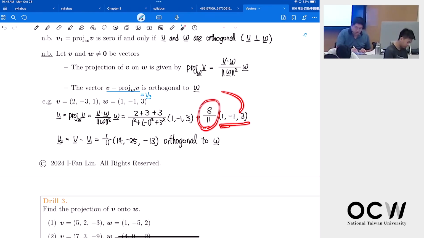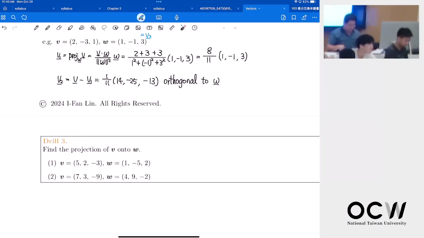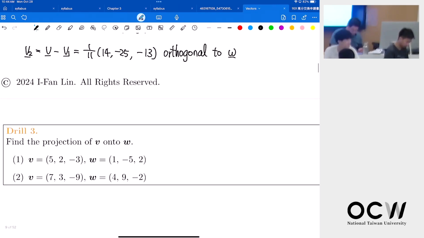This direction is just W, right? So I need your magnitude and also your direction. If you follow the steps, you will see that this should be minus 11 over 30 W. And the second one should be 73 over 101 W.